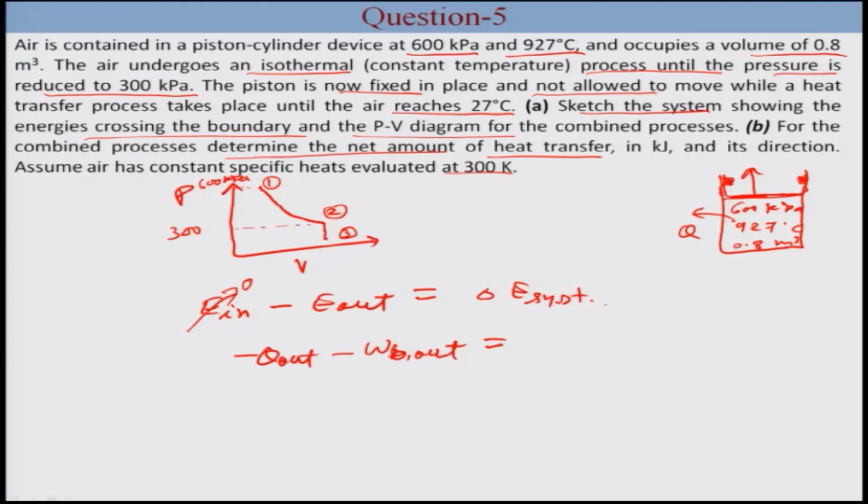because the system is stationary. So the total change in internal energy of this system will be nothing but m c_v delta T, T3 minus T1. Here we assume that this air behaves as an ideal gas. So from here we get minus Q out equal to net work done by the system plus change in internal energy.